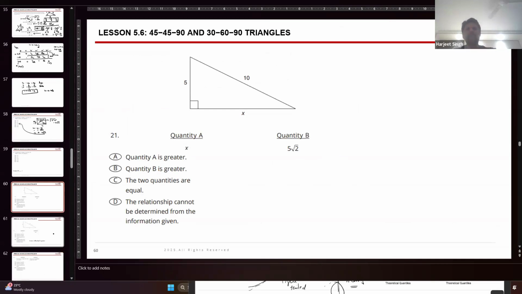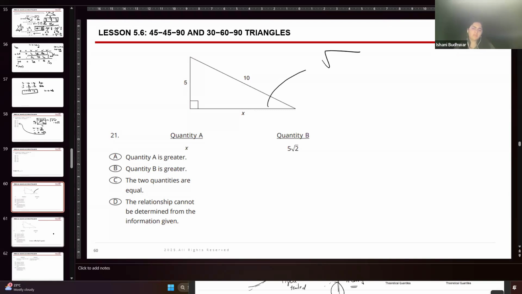A is x and B is 5 root 2 and they're asking what is x? So one way is we can apply Pythagoras, right?